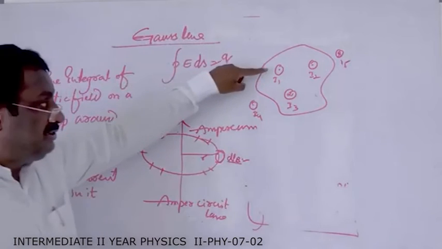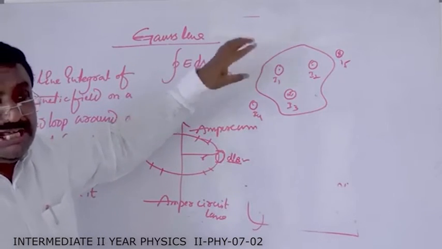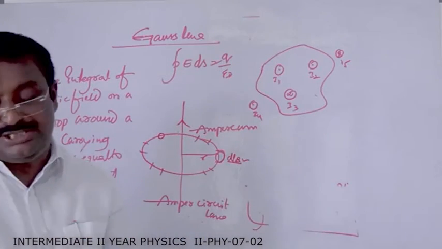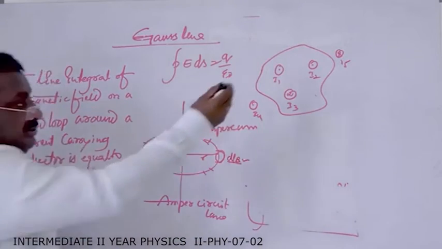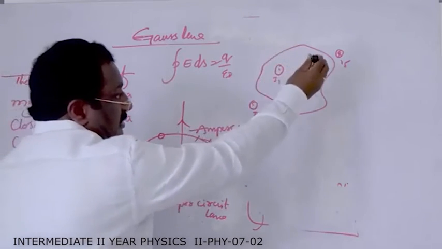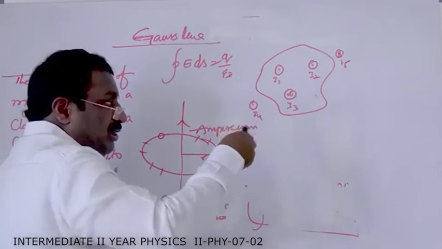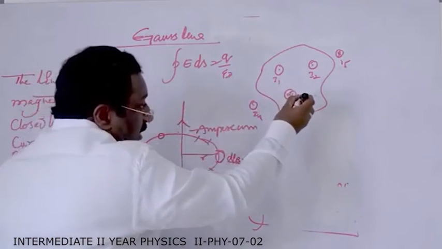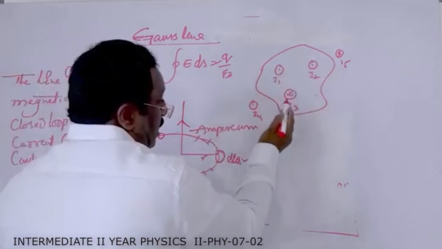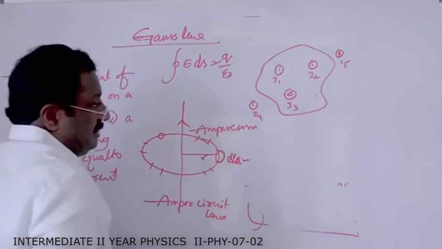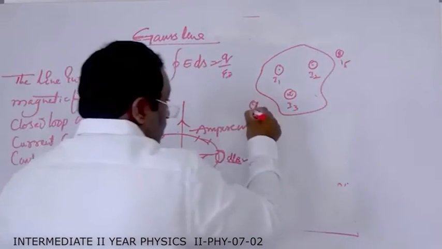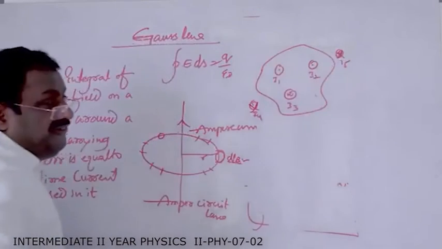A dot indicates the direction of flow of current: if the current is perpendicular to the board and towards us, it is shown by a dot symbol. If the current is perpendicular into the board, it is shown by a cross symbol. Here I1 and I2 are flowing in the same direction, and I3 is flowing in the opposite direction. I4 and I5 are outside of the closed loop, so these two do not affect the magnetic field.